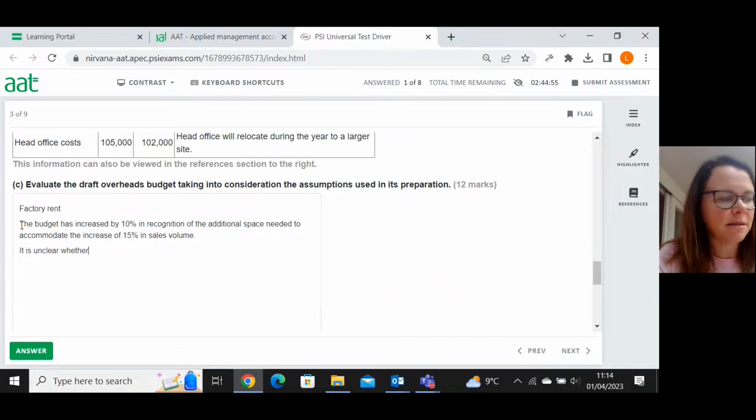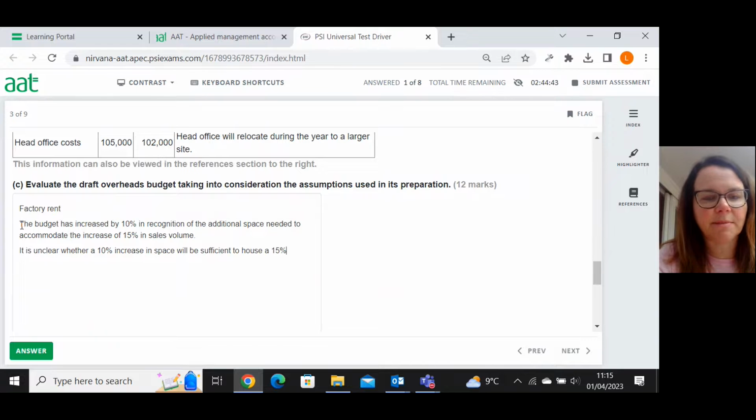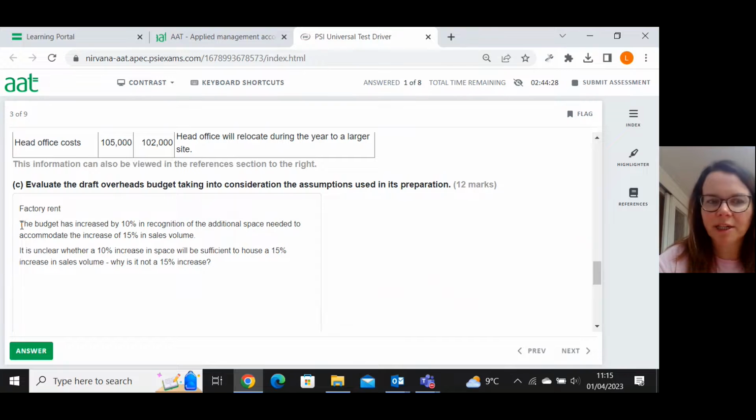It is unclear whether a 10% increase in space will be sufficient to house a 15% increase in sales volume. Why is it not a 15% increase? Right, so I've put a question within my answer, we don't know.